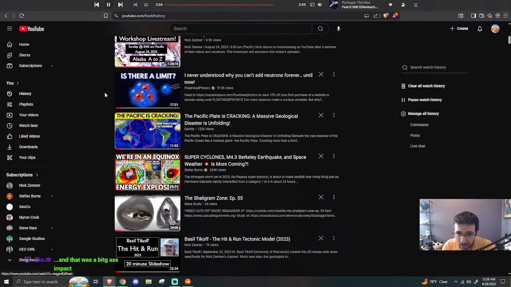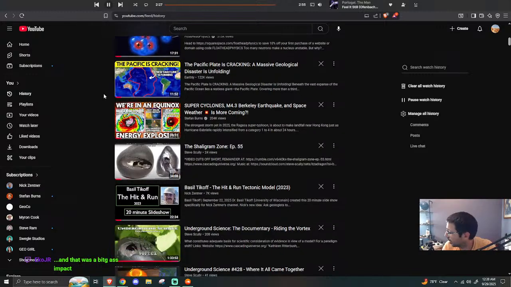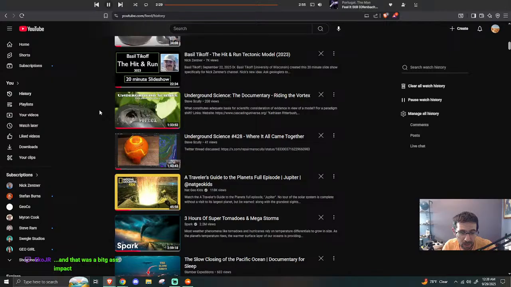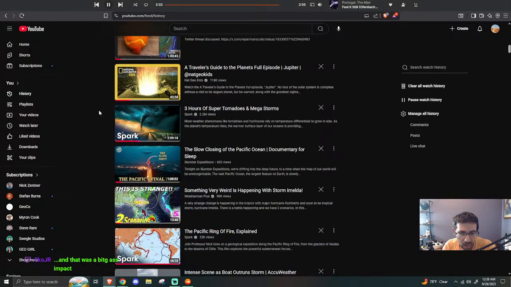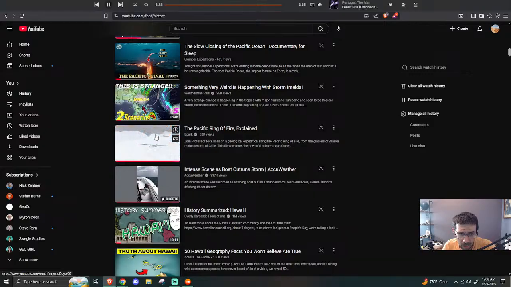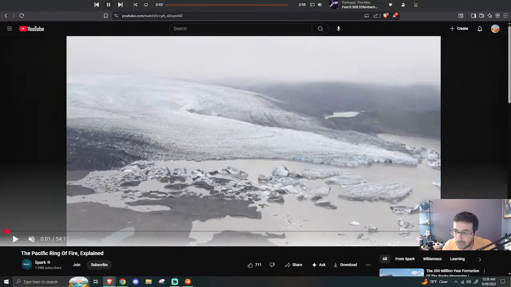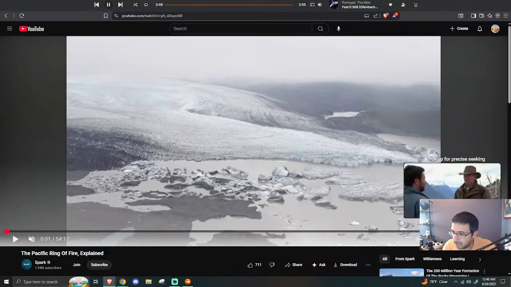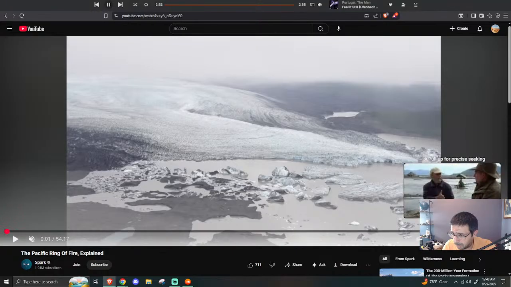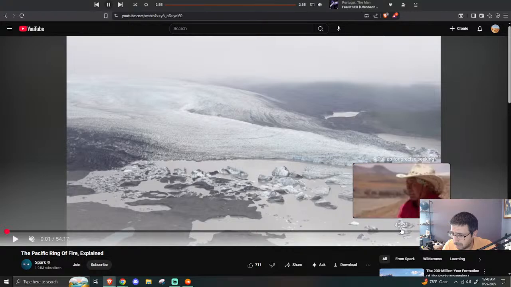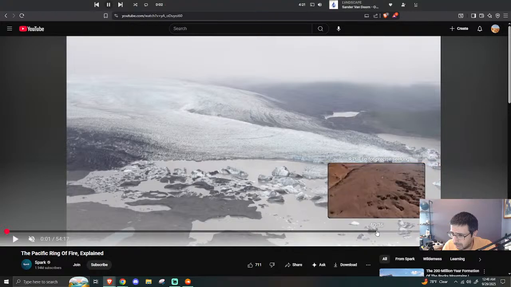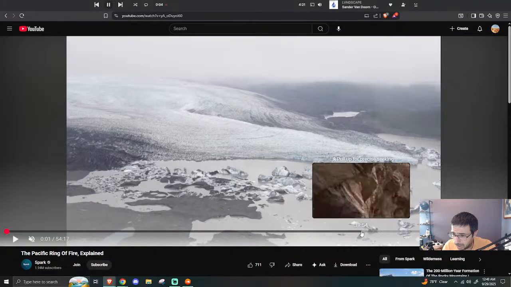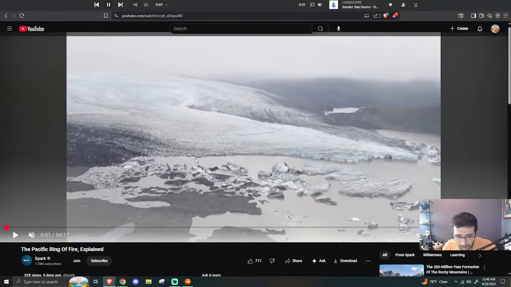Not that one. Probably not this one, maybe this one. It might have been this one. Spent a lot of time in South America. It's probably this one.